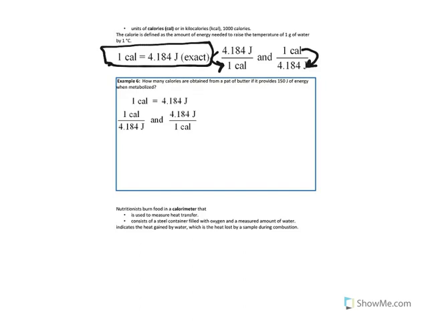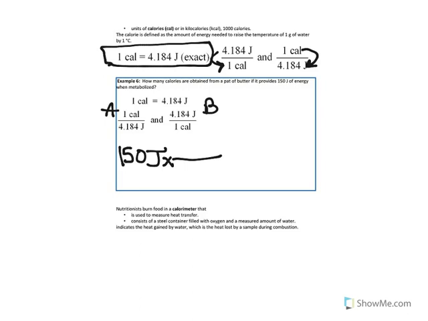Example 6. How many calories are obtained from a pat of butter if it provides 150 joules of energy when metabolized? So we have 150 joules. We want to know how many calories is that. So which conversion factor do I want to use? A or B?